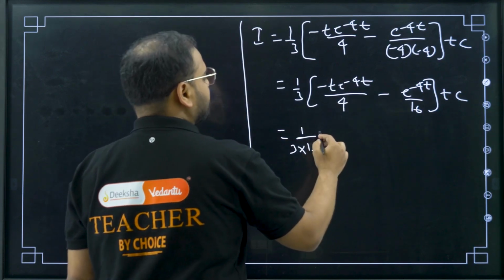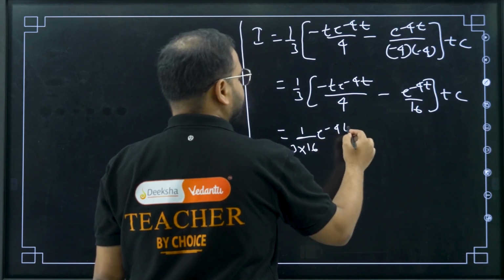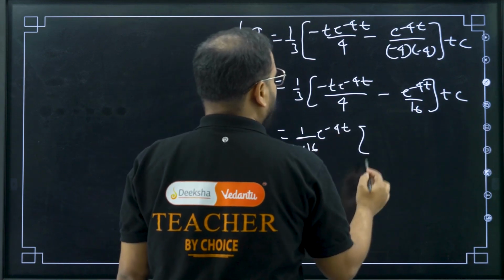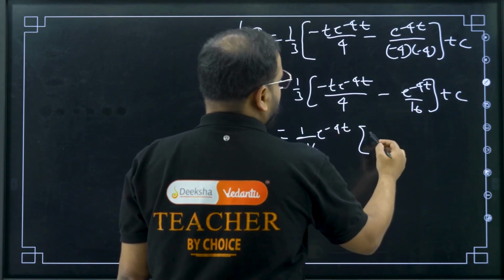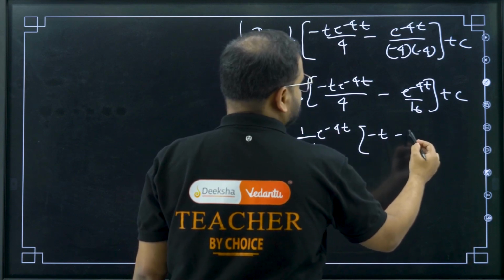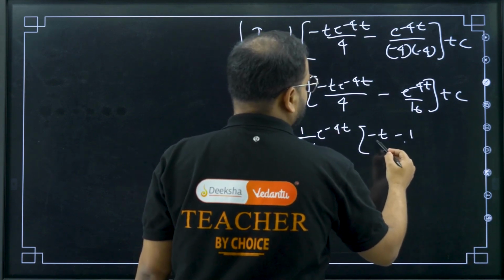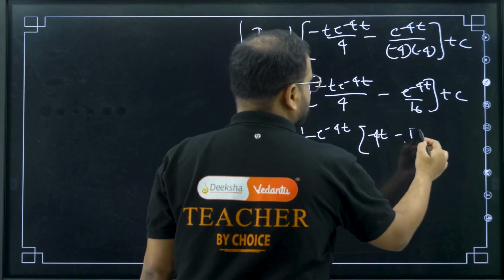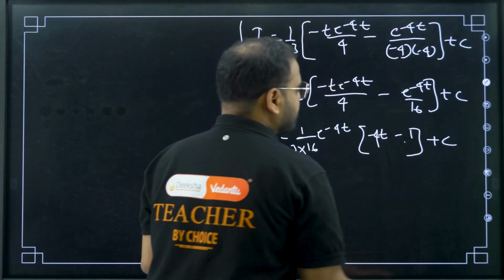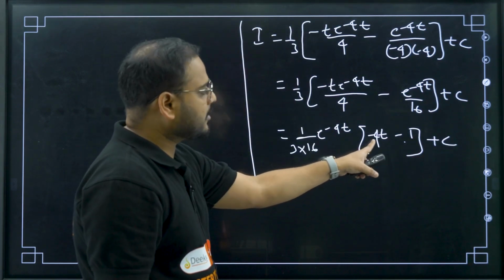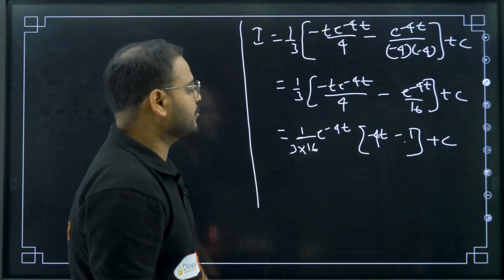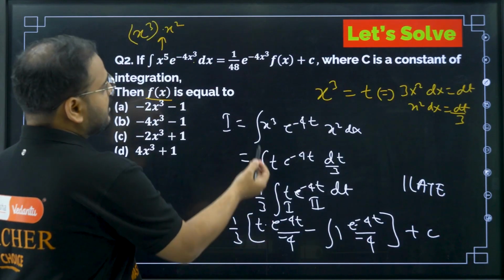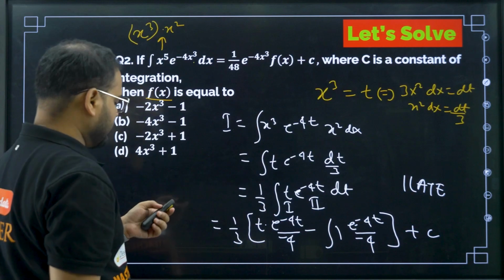I've taken 16 common and e power minus 4t also common. What I get is minus 4t minus 1, plus c. Why minus 4t? Cross multiply: 16 with 4 will again give 4 in the denominator. Same thing is there, no problem. Now please have a look: 1 by 48 e power minus 4x cube is there.